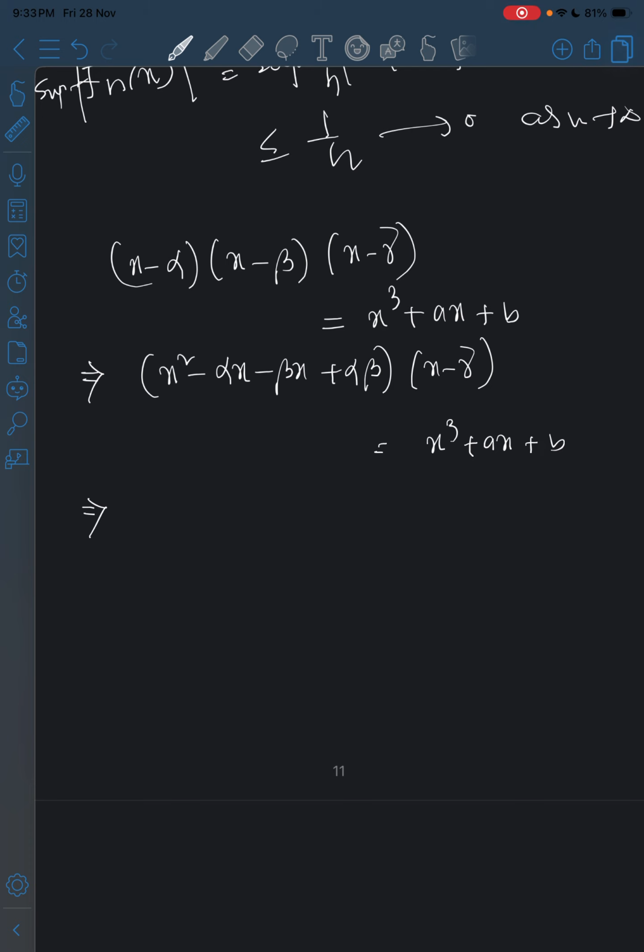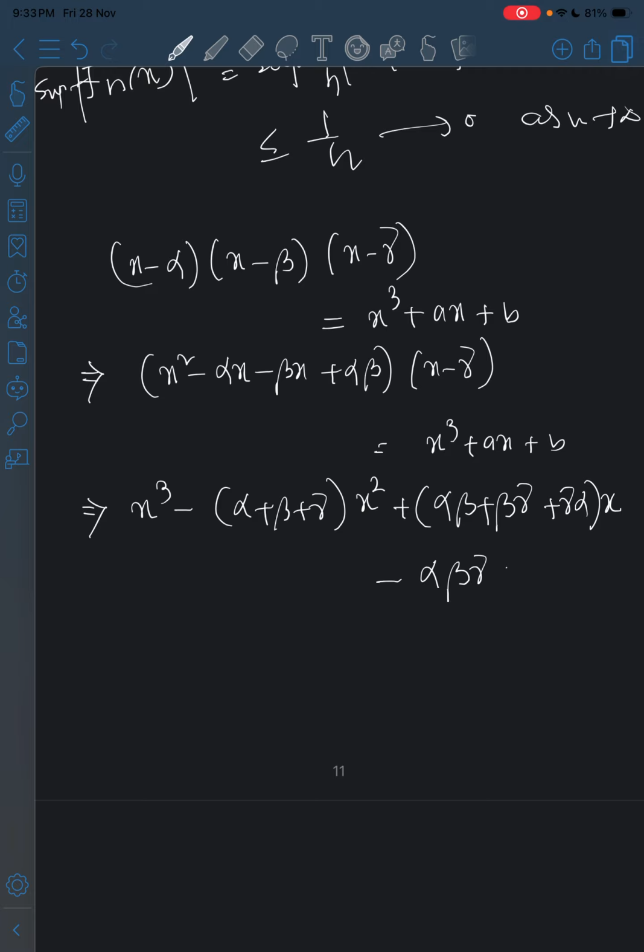Then this is x cube minus (alpha plus beta plus gamma) times x square plus (alpha beta plus beta gamma plus gamma alpha) times x minus alpha beta gamma, equal to x cube plus ax plus b. Right.